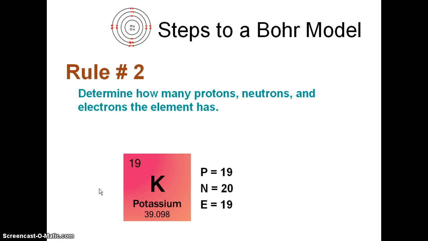So protons are 19, neutrons are 20, and electrons are 19. Now that's for potassium. Remember, you subtract the atomic number out of the atomic mass to get your neutrons. And then electrons and protons equal each other.